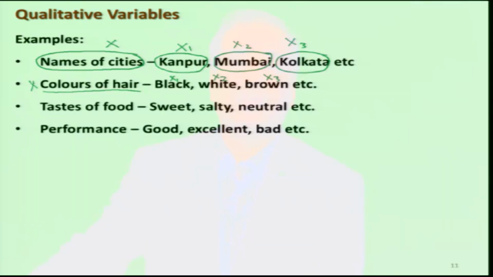But how to quantify it? Unless I associate a degree or some measure in a scientific way, the colors will remain only colors, and there is no way that I can order them, for example, that white is better than grey or grey is better than brown. Here I am recording only the data. That is why the colors of hair, this variable, is a qualitative variable.